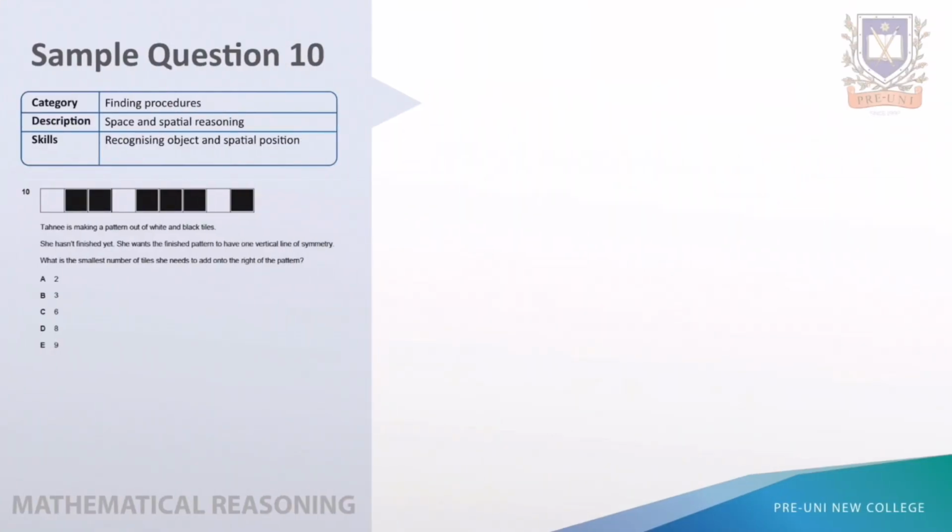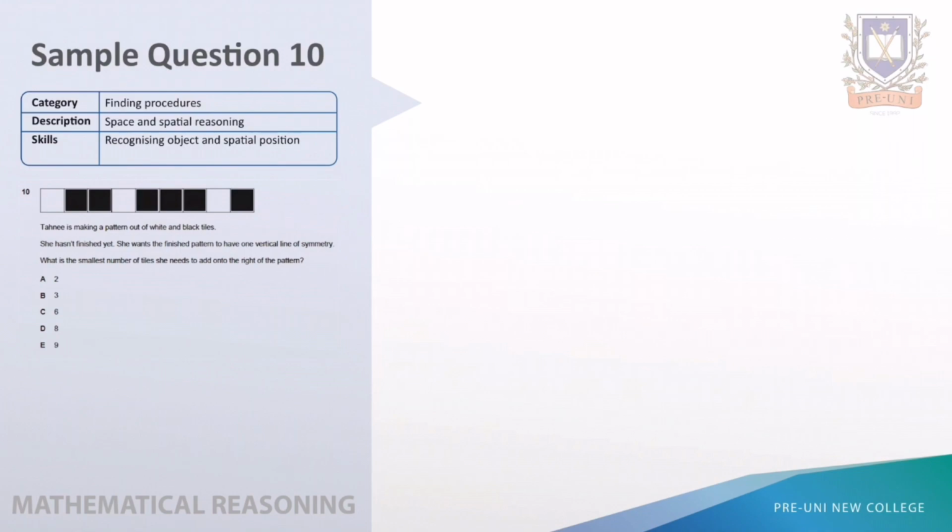For sample question 10, we have category finding procedures, the description space and spatial reasoning, and skills recognizing object and spatial position. So looking at the diagram in question 10 and the question, Tani is making a pattern out of white and black tiles. She hasn't finished yet.